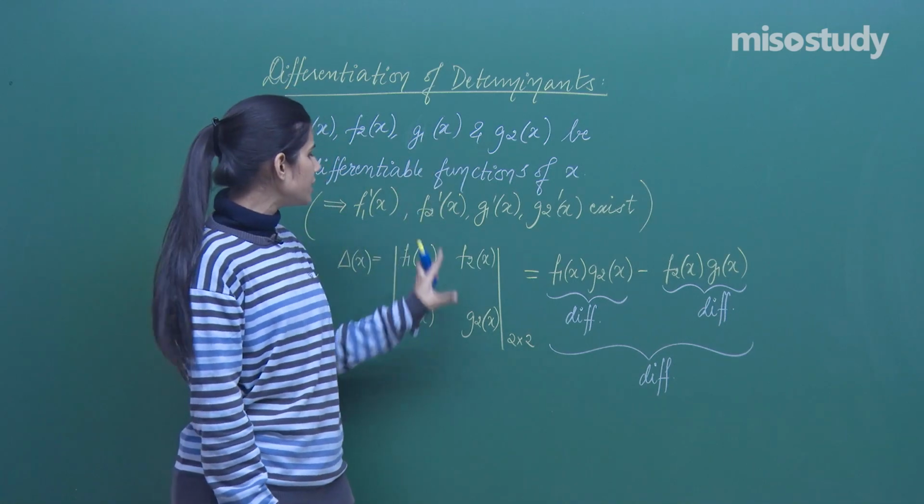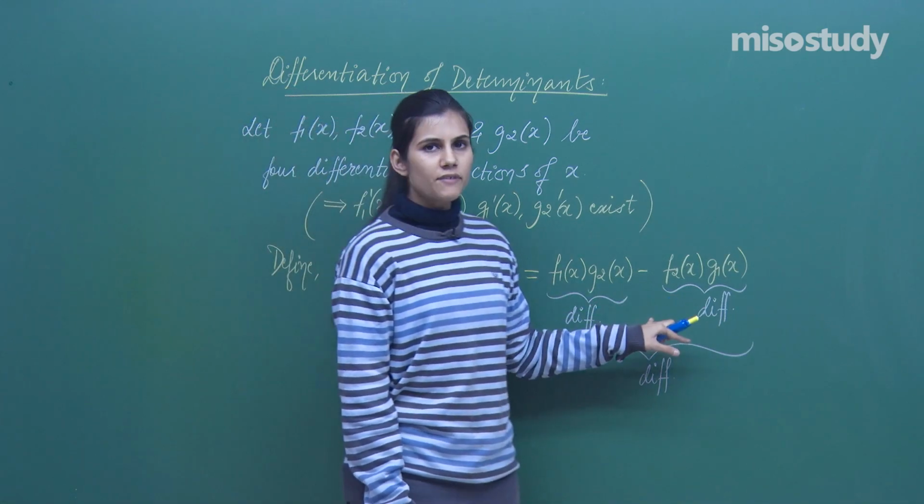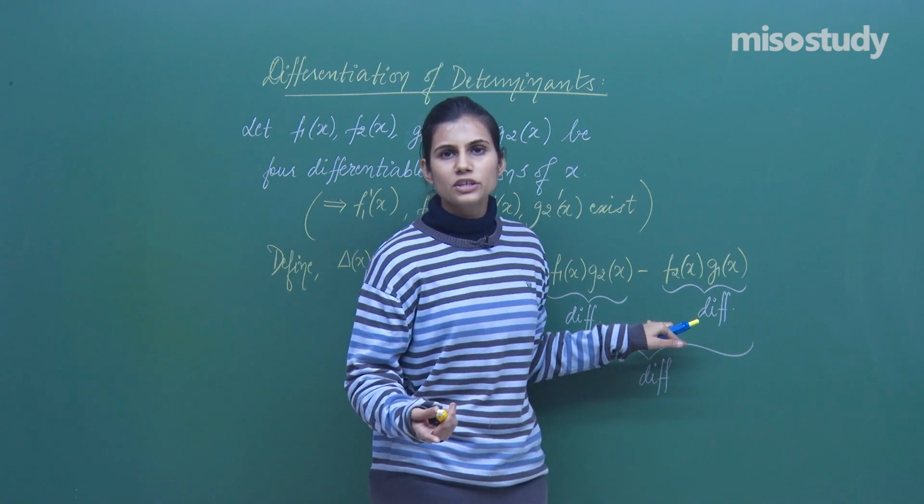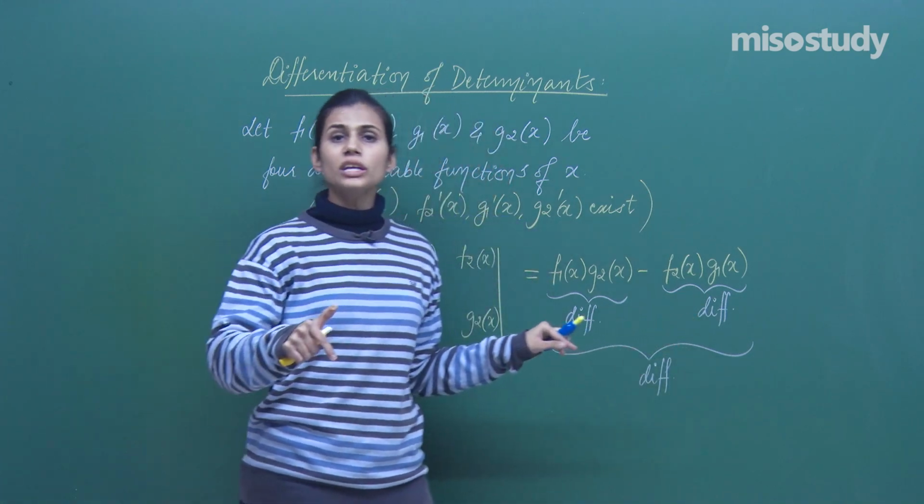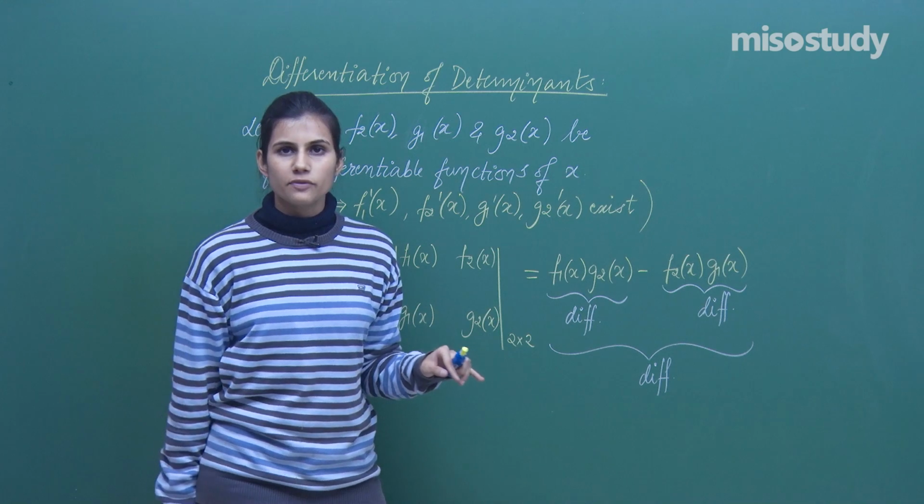Written in the form of determinant actually is a function which is coming out to be differentiable function of x, because each entry in that determinant is a differentiable function of x.